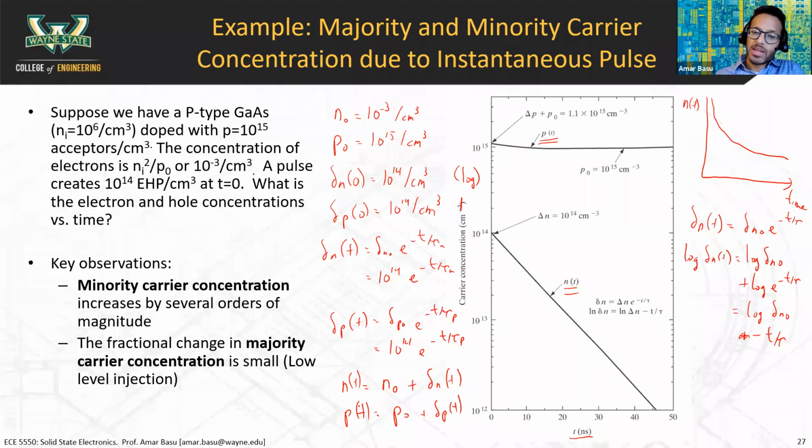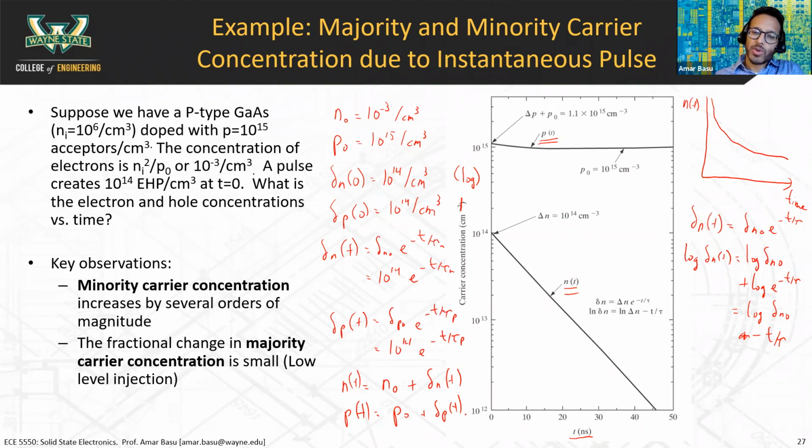In the case of p of t, however, this term is bigger. P sub 0 is greater than sigma p of t. This is a case of low-level injection. Low-level injection means the minority carrier concentration, which in this case is the electrons, changes very significantly when you shine light on the material.